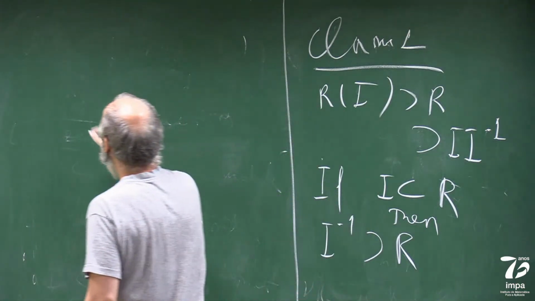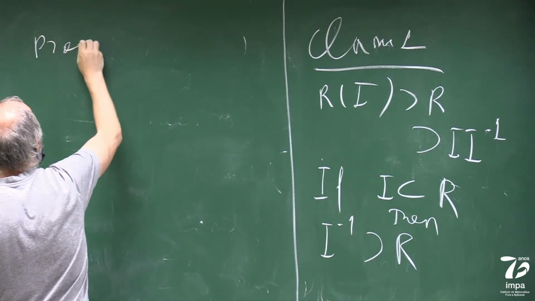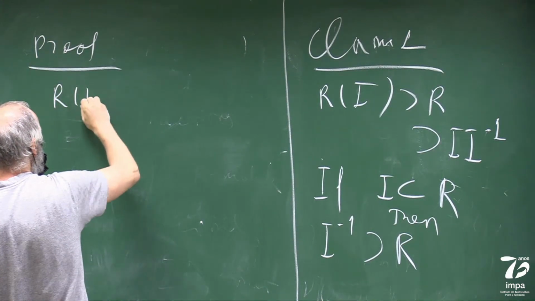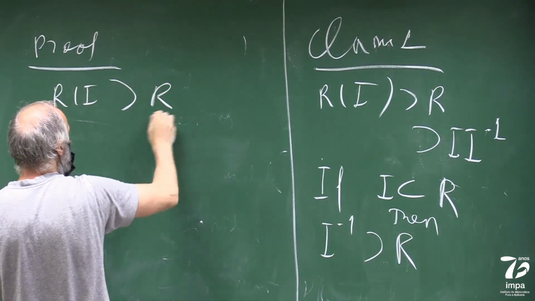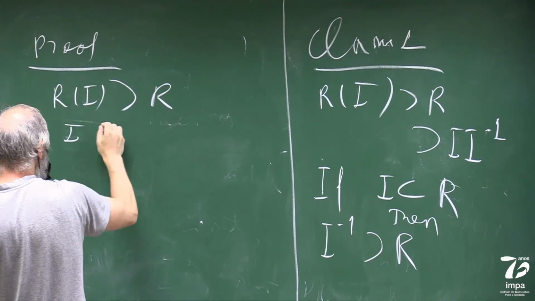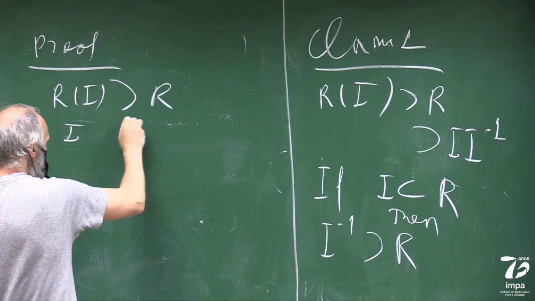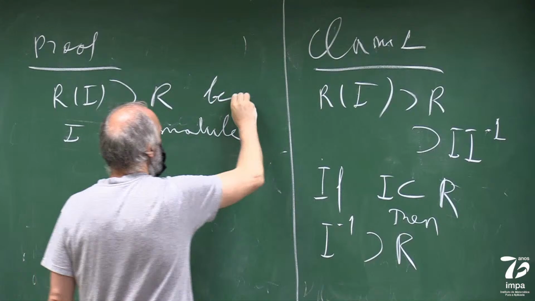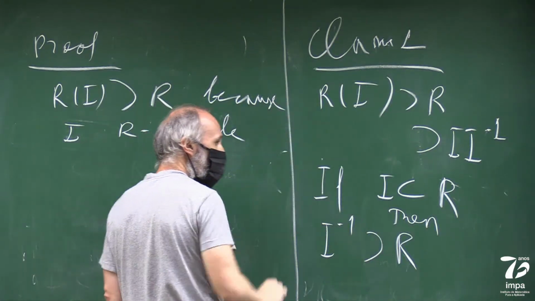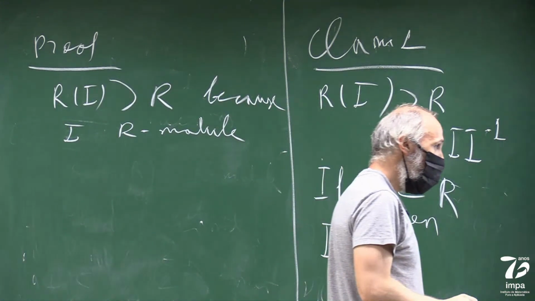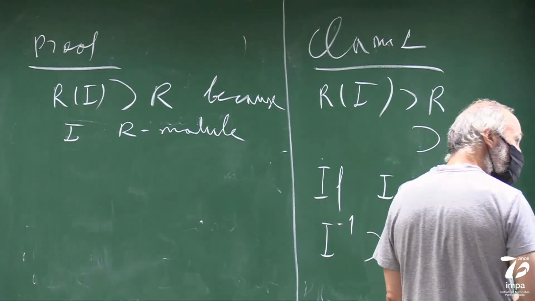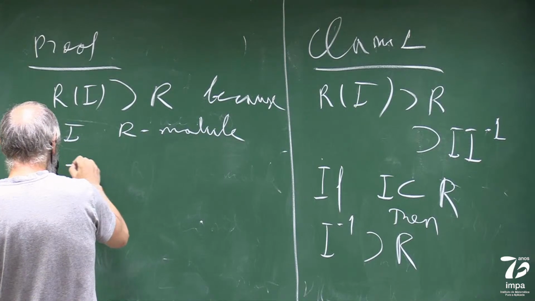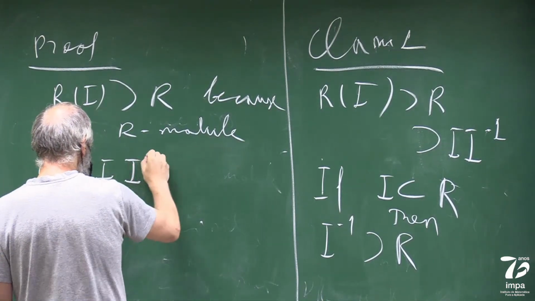Okay, so proof. You have R of I contains R because I is an ideal. I mean, I is an R-module. Now, R contains I minus 1.